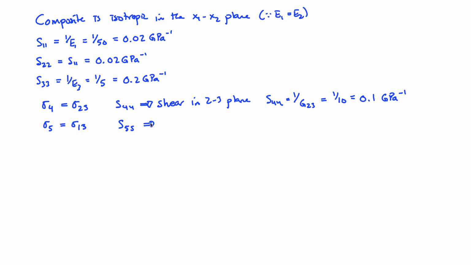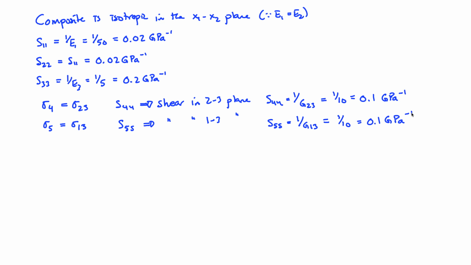So S55 refers to shear in the 1, 3 plane, and S55 is then 1 over G13. And if the material is isotropic in the 1, 2 plane, then G13 is going to equal G23. Okay, so this is also going to be 1 over 10, and S55 is equal to 0.1 gigapascals to the minus 1.